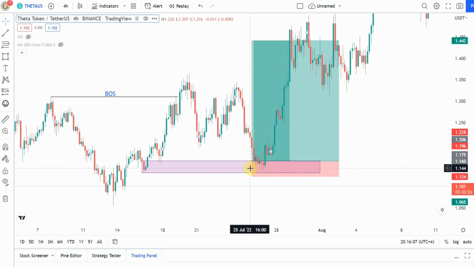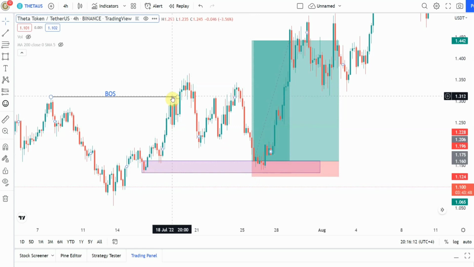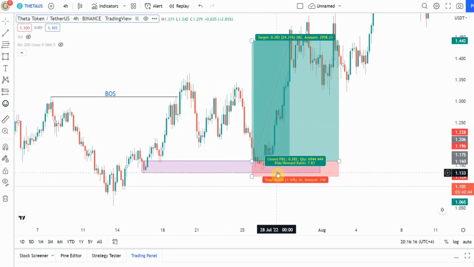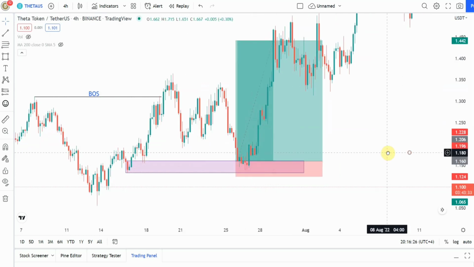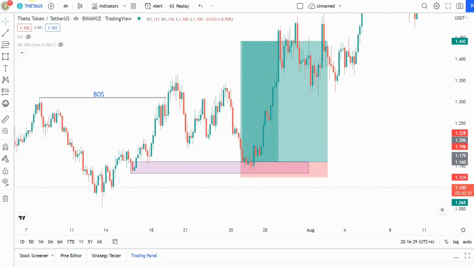You place the trade right here, and after the break of structure it will reverse, and we will get sell here. Hope you understand this very clearly. And we get a buy order here, and we'll run to this last. So this is a clear bullish order block.